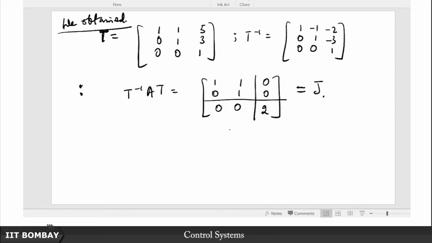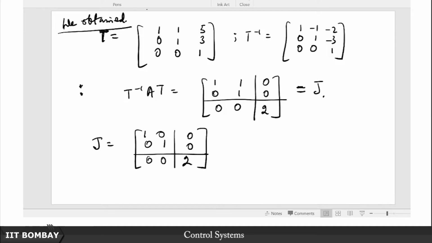Right, now how far is this from a diagonal matrix really? What do I mean by that? Suppose I write this J as the sum of a diagonal matrix and something else. So notice that if I write it in this fashion, if I take out just the diagonal entries from here, what am I left with thereafter?